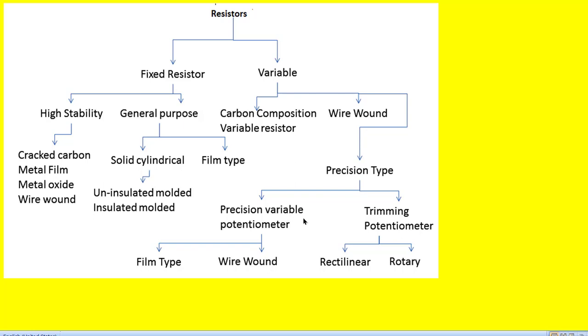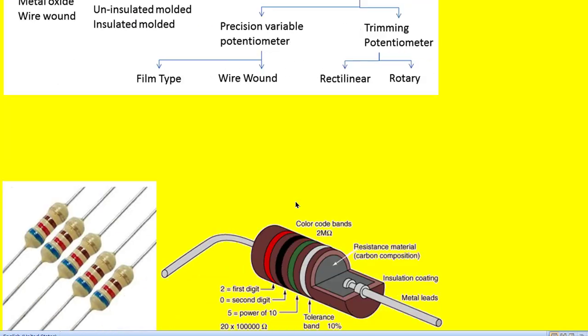Under precision variable potentiometer, there are two types: the film type and the wire wound. Under trimming potentiometer type, there are two types: one is rectilinear, the other is called rotary resistor.